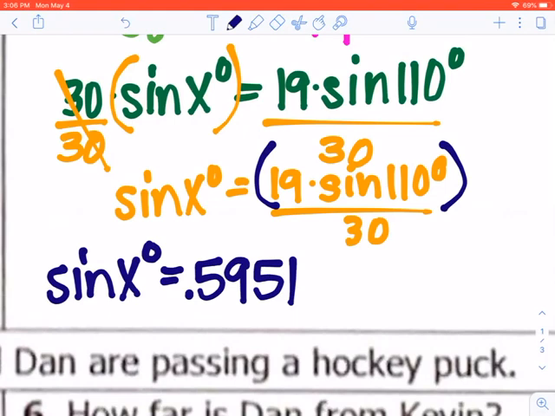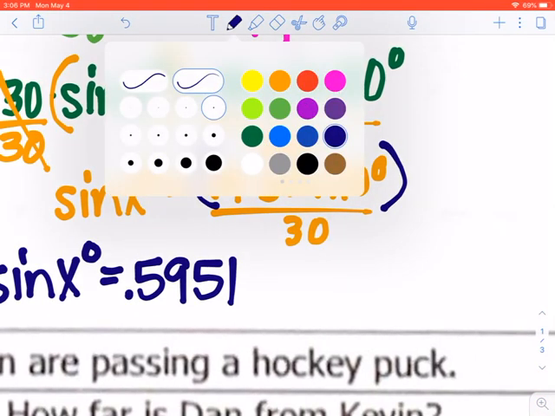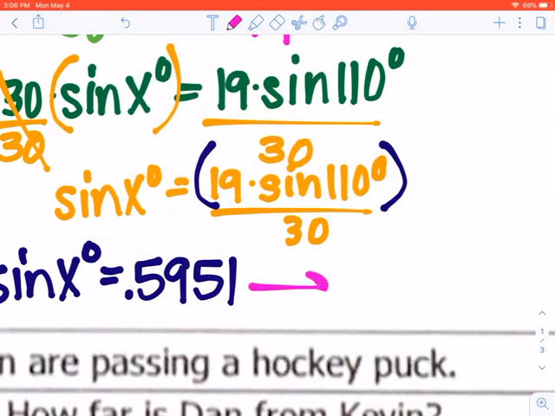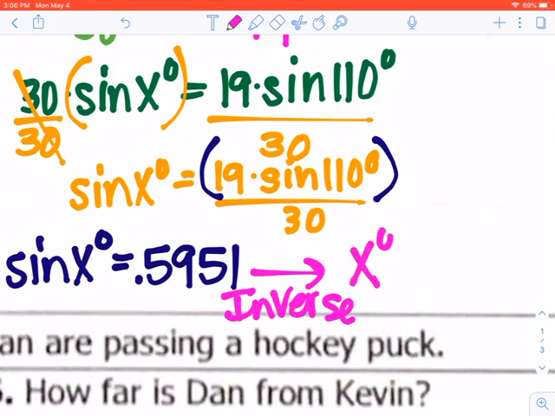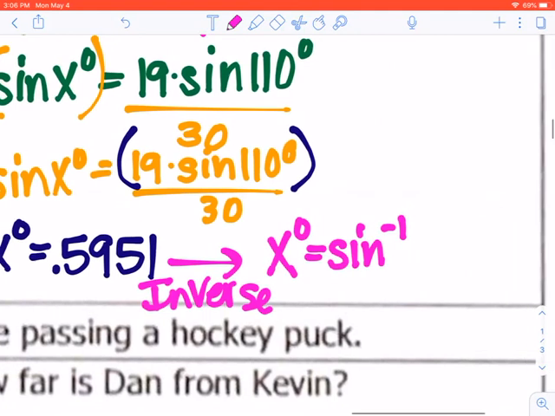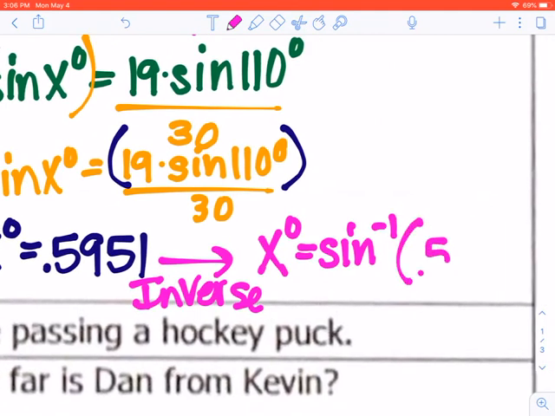And we find the angle by doing the inverse. Okay, we have to use the inverse sine. So if I want my x degrees, what I'm going to do is find the inverse sine, sine to the -1, of that 0.5951.